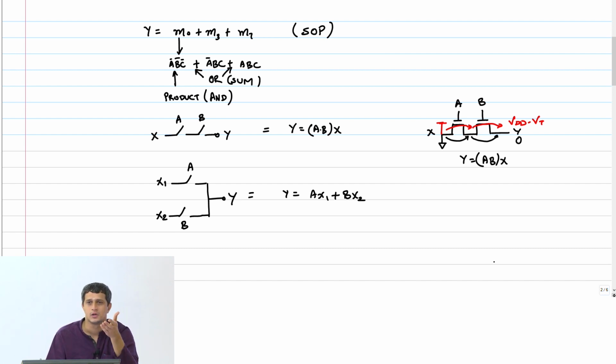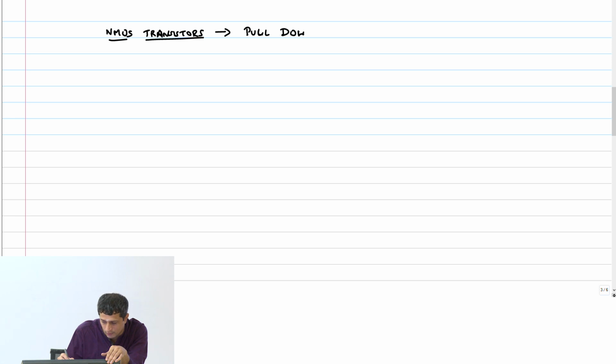right? And therefore, the problem with using these NMOS switches is it is not equivalent for both logic levels, right? So the conclusion is that NMOS transistors can be used only for pull down logic.